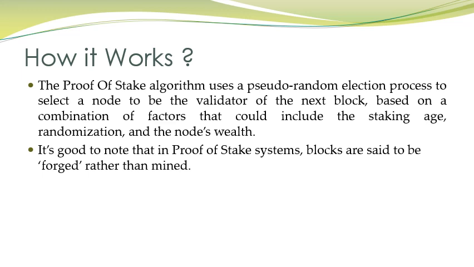There are some algorithms used to select a validator for proposing a block in the network. Proof of stake uses a pseudo random election process to select a node to be the validator of the next block based on a combination of factors. There are different mechanisms.